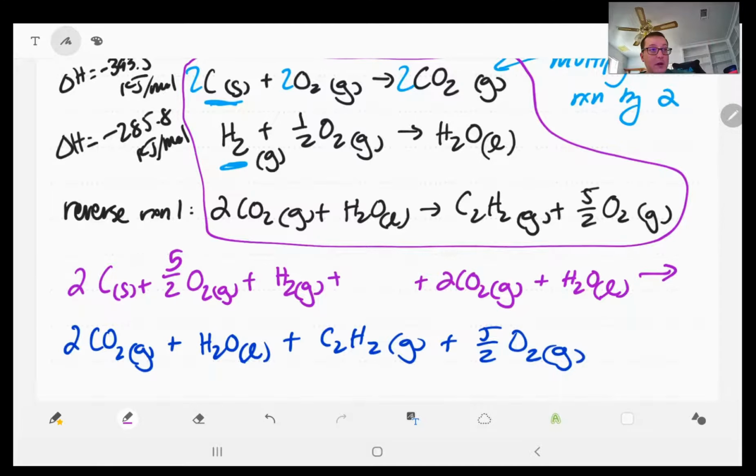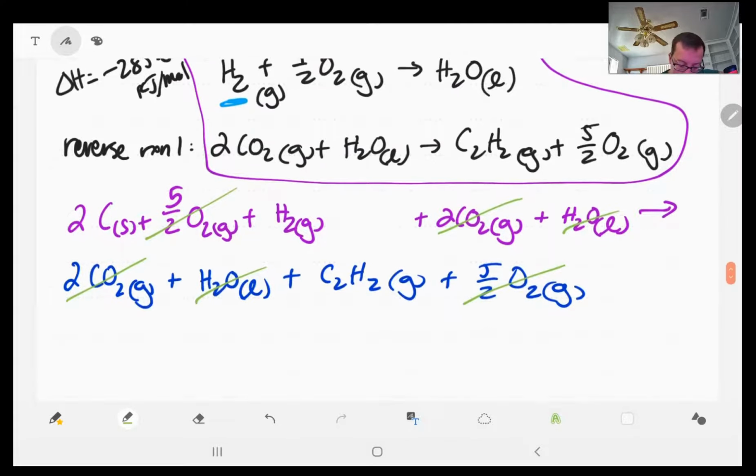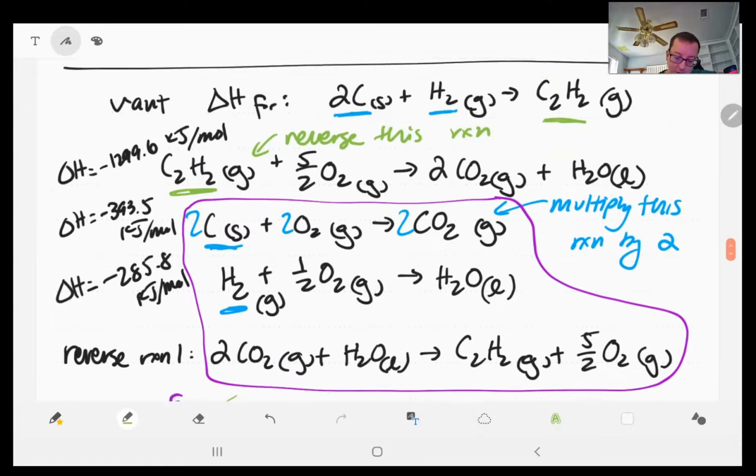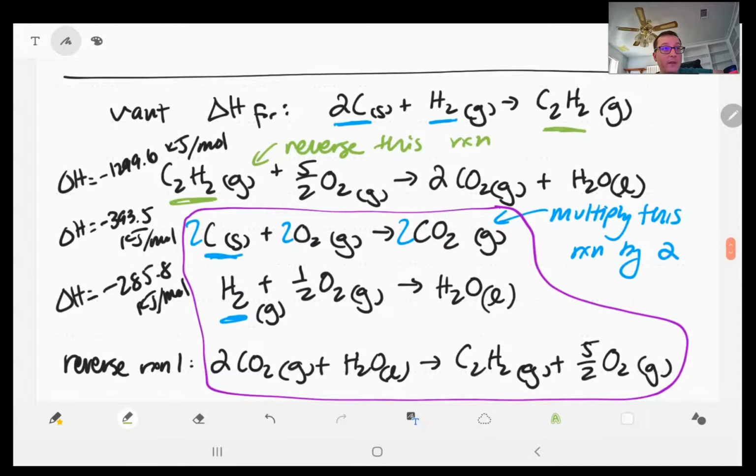Right, 2 oxygen is 4 halves. Add 1 more is 5 halves. And let's see what's the same. Well, we've got 2 CO2s, H2O liquid, 5 halves oxygen. That all cancels out. So we're left with 2C plus H2 turns into C2H2. And indeed, that is the reaction that we want.